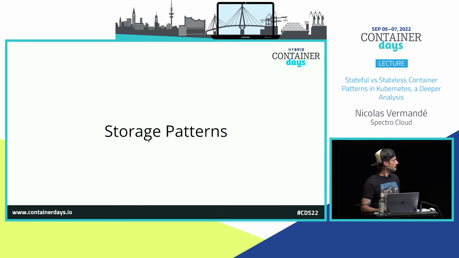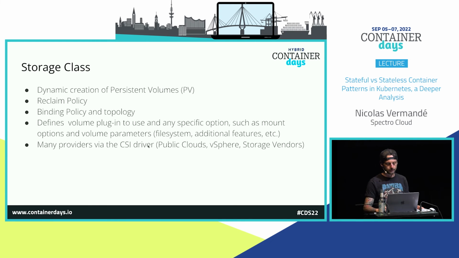So now, in terms of storage patterns. The storage class, as I was mentioning before, is super useful. Always create a default one at the beginning. If you use Google Cloud or any sort of managed Kubernetes cluster, it will be there by default. So the storage class will allow you to create all the storage dynamically.